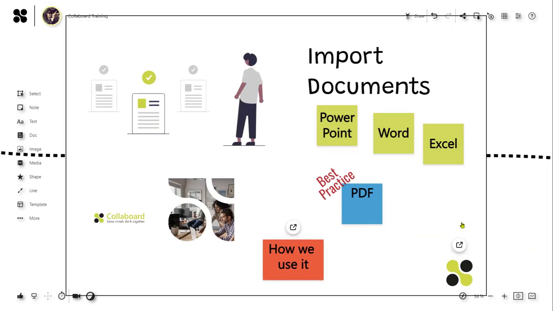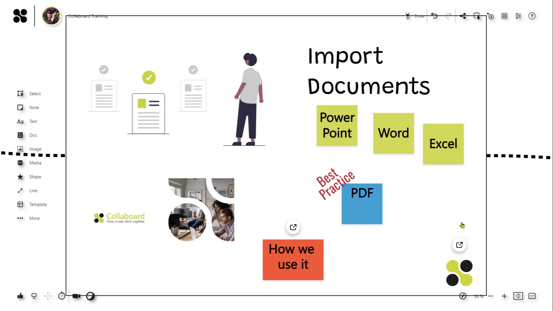In Collaboard you can reuse a lot of content you already produced in other applications. For example, you can import documents like PowerPoint files, Word files or Excel files and upload them directly to the Collaboard canvas. There is a best practice which we recommend, and this is to create a PDF out of these files and then upload this PDF.